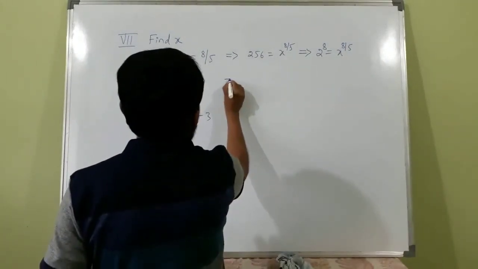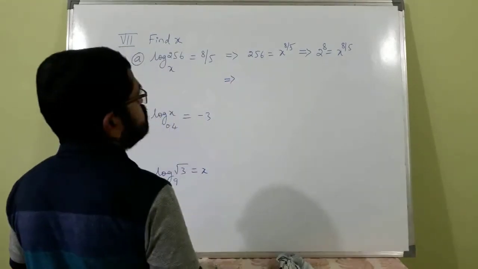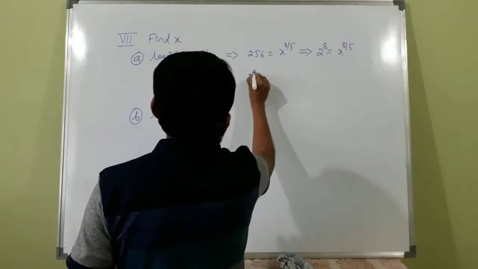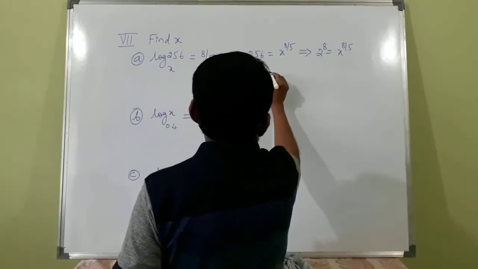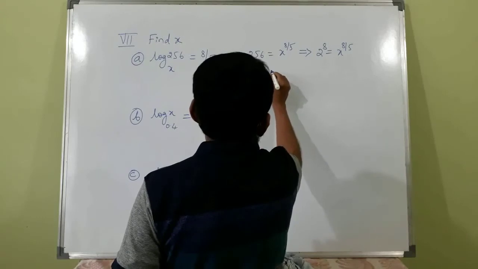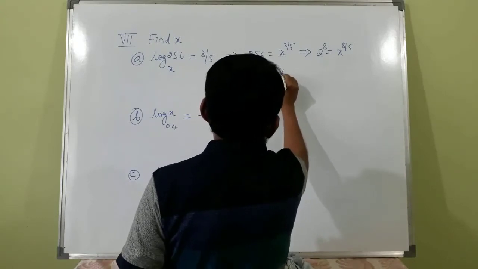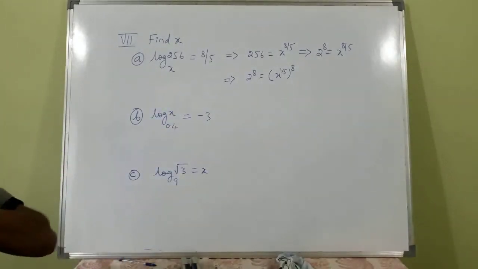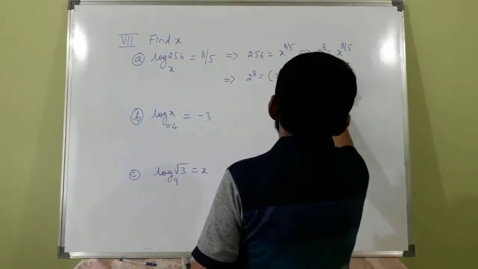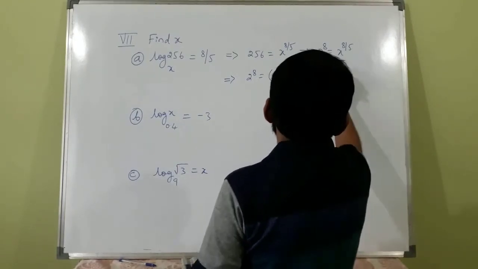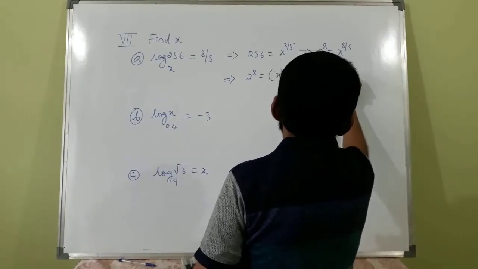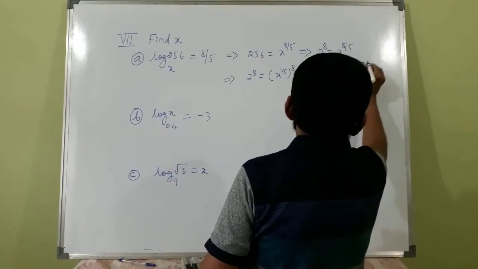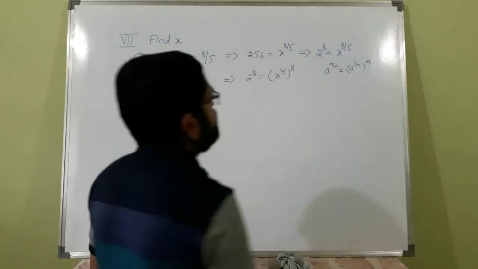That implies 2 to the power 8 is equal to x to the power 1 by 5, whole to the power 8, because a raised to m by n can be written as a raised to 1 by n whole to the power m.